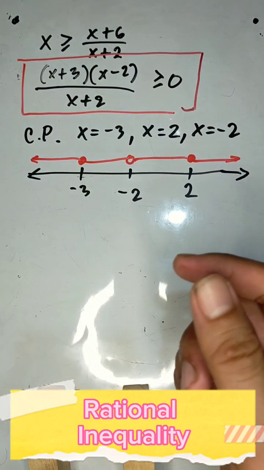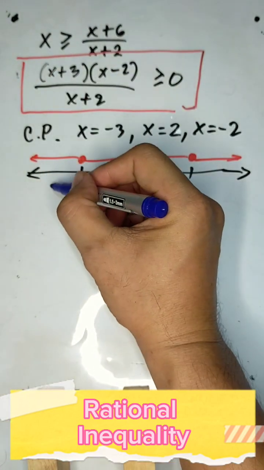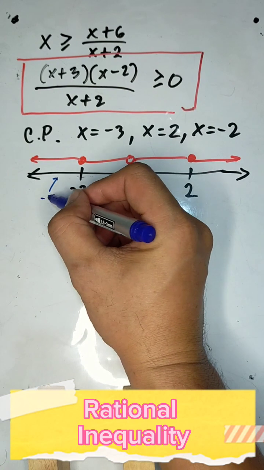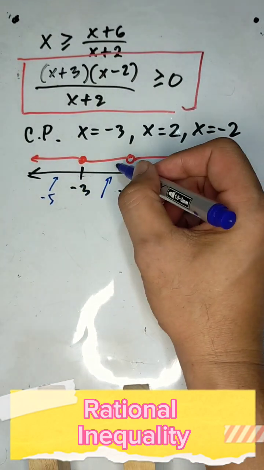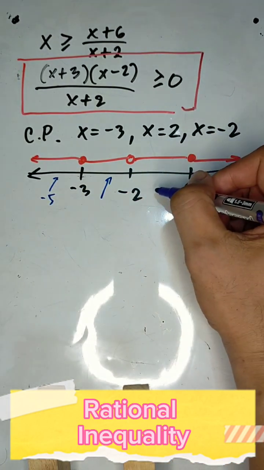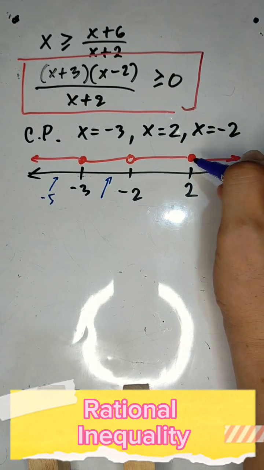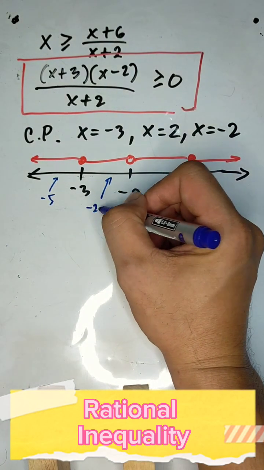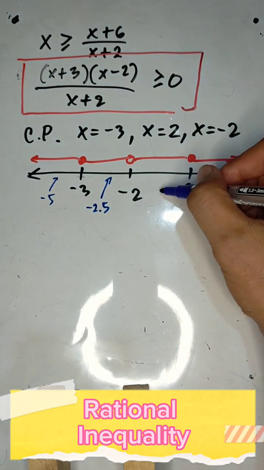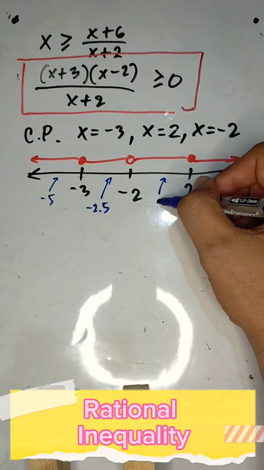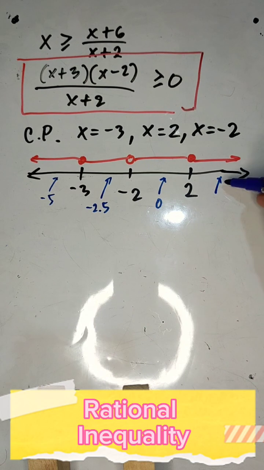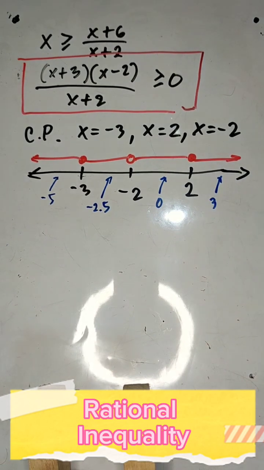Now let's pick the test points here. So we have negative 5 here. We can take negative 2.5. Here we can pick 0, it's easier. We can pick 3 here, 4, whatever.